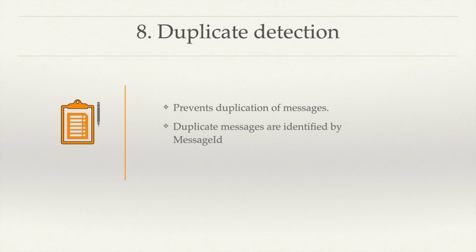So whenever you are sending a message, and you are really concerned about duplicate messages, you need to make sure that your message ids are unique for that particular message. If you are sending the same message again and again, then you need to make sure that, for the specified duplicate detection time window, your message id is unique.